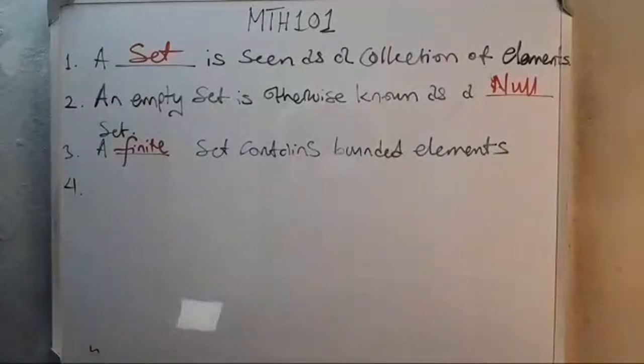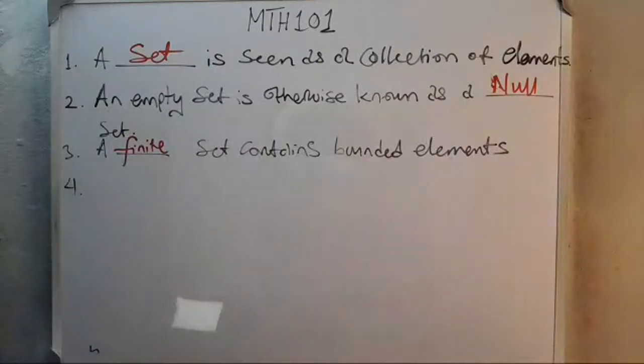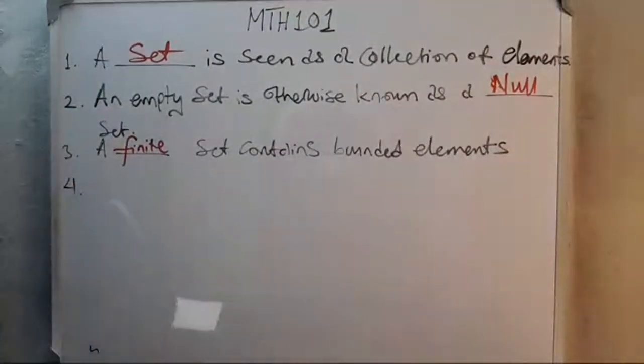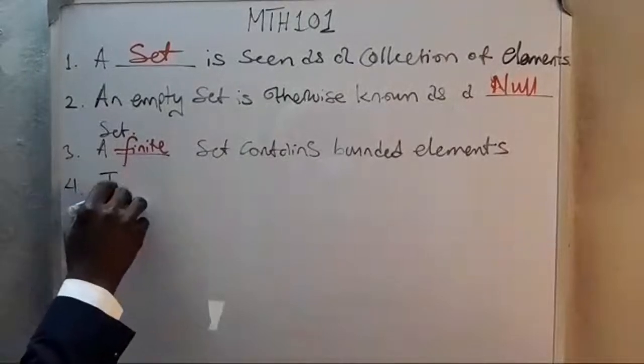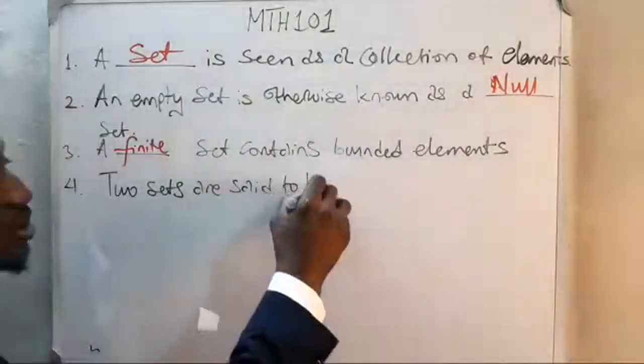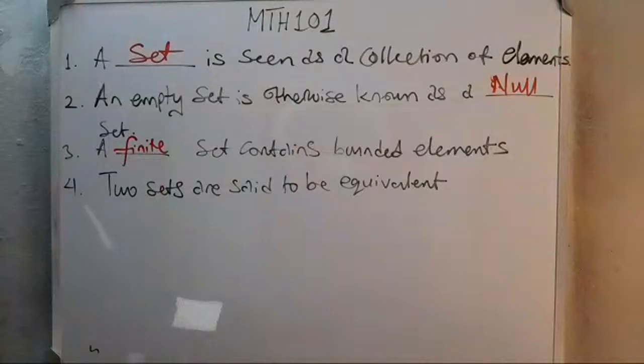Now we have question 4. It says here that two sets are said to be equivalent if their dash numbers are equal.